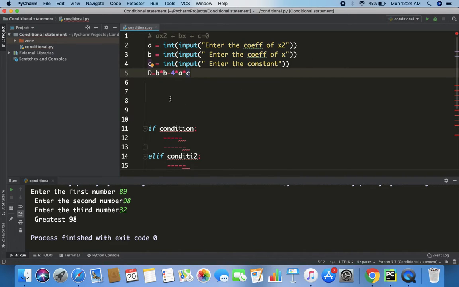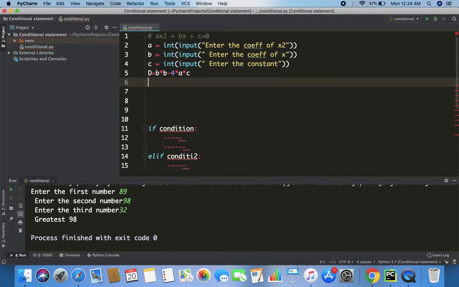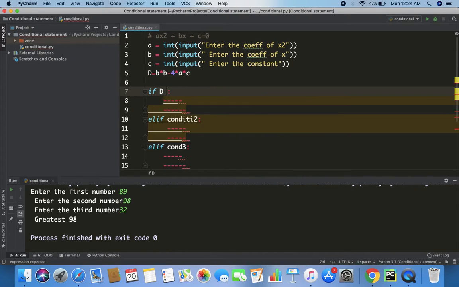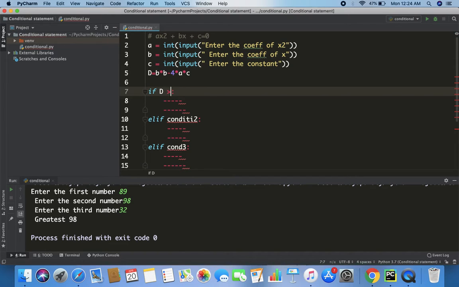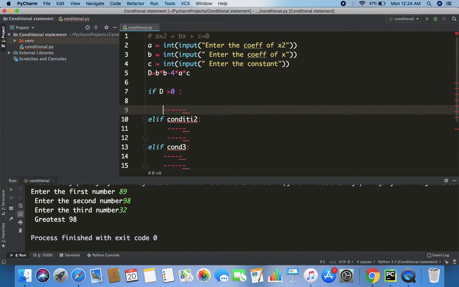Now we know the condition that if the discriminant d is greater than 0, then we will have two roots, called unique roots, two real valued roots.